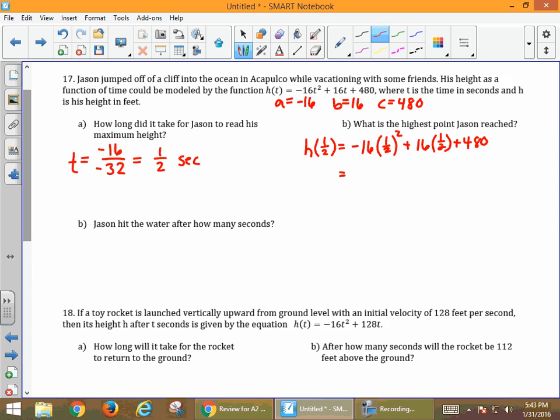Negative 16 times 1/2 squared. 1/2 squared is 1/4. And 1/4 of negative 16 is negative 4, plus half of 16 is 8, plus 480. Negative 4 plus 8 is 4, plus 480 is 484 feet.